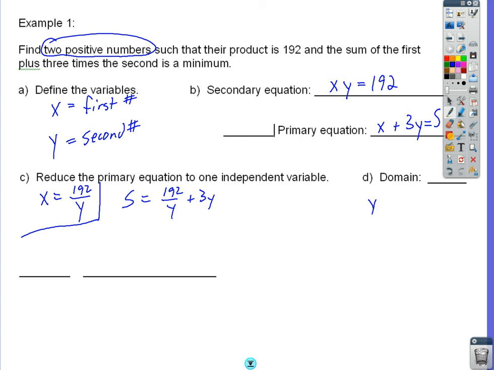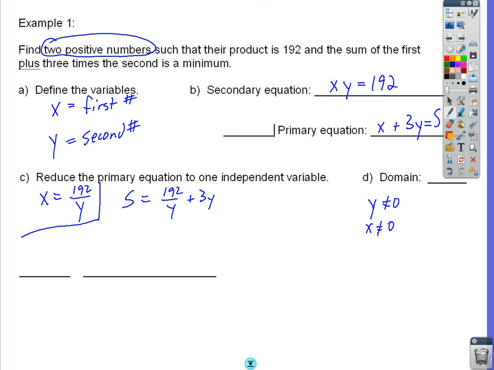Well, y just can't be 0. Then I take a look at my other equations and see what makes sense. I can also say, hey, look, not only can y not be 0, but x can't be 0, because if x is 0, then I can't have a product of 192.